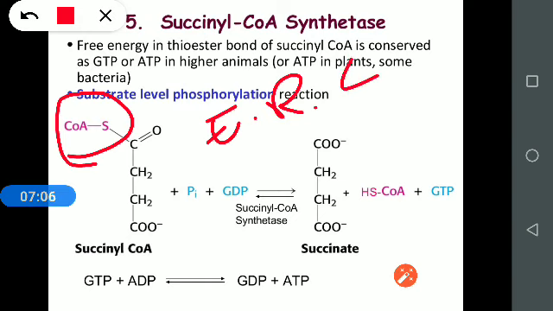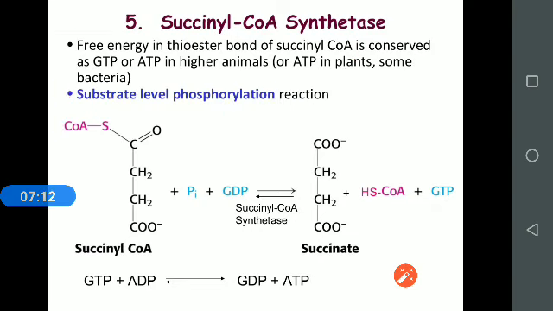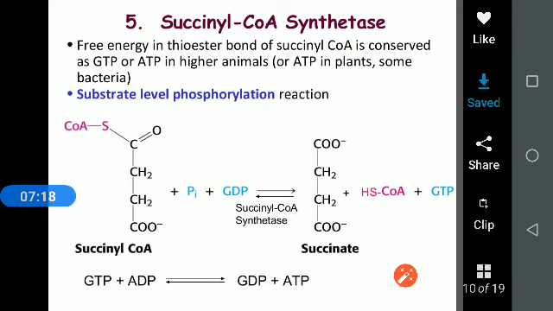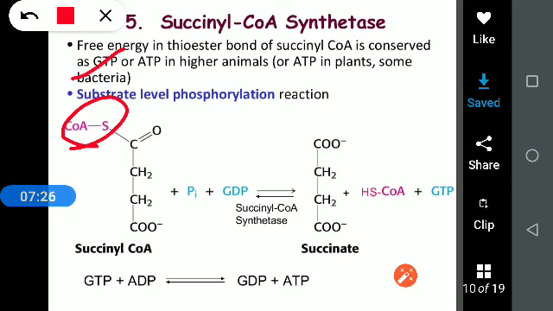So this will have some energy, and that energy will be formed in the form of GTP. So the energy that is stored in this bond will be generated in the form of GTP, and GTP will convert into ATP.